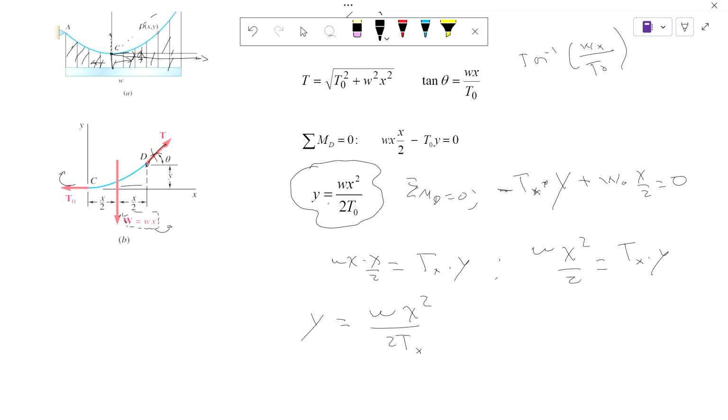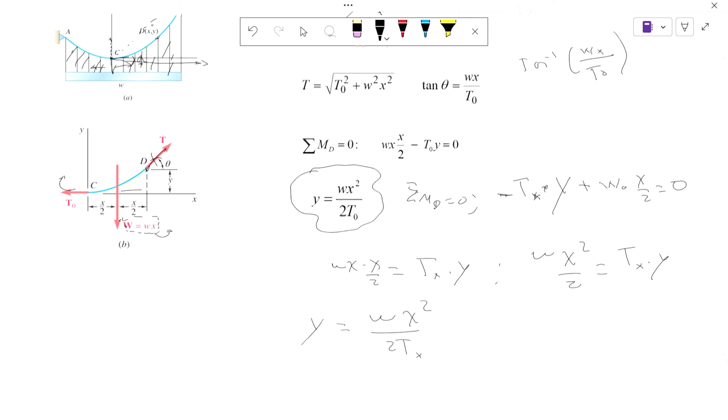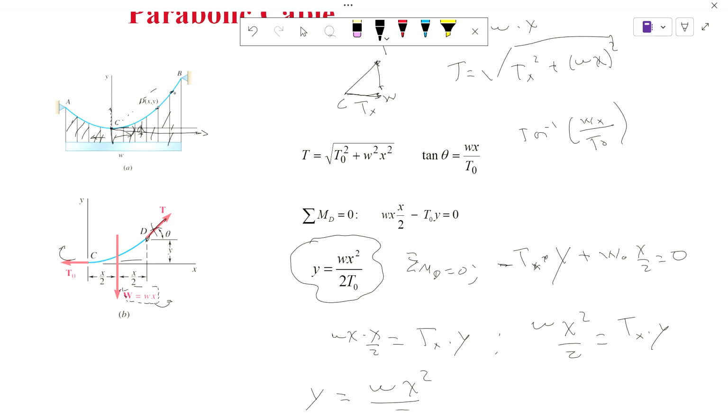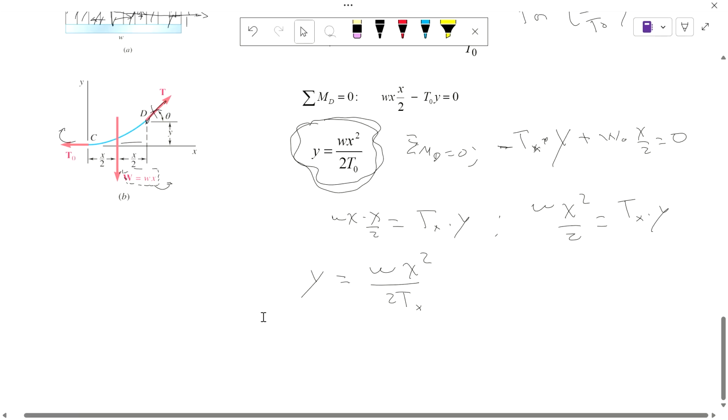But if you just put this on your notes, every time that you have a distributed load, it has to be a parabolic load, and they ask you for a point Y, the only thing you have to know is X and Y. If they call this point D or E or whatever, then you cut here, and your distance would be this X and this Y, and that moment would be there, and then you simply apply this formula to know this distance Y. From that distance Y, you can find your angle and then do the whole thing once again. So let's do an example.